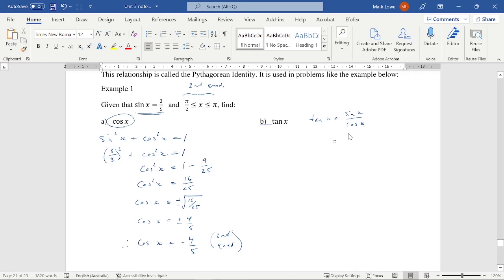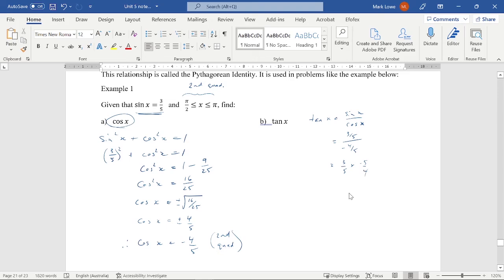That's 3/5 over negative 4/5, so we're dividing fractions. 3/5 divided by 4/5 would be the same as 3/5 times negative 5/4.